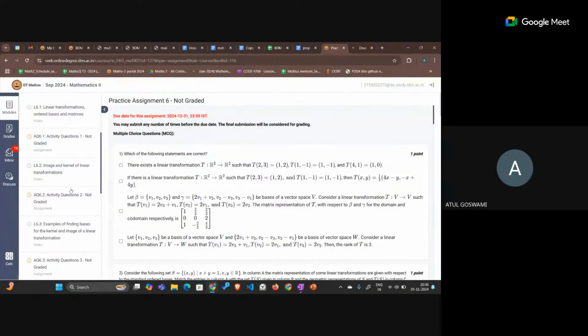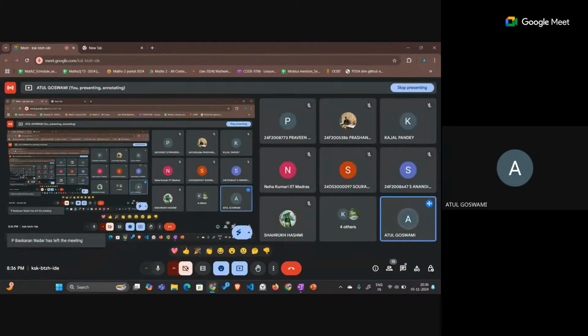If you haven't solved the activities, tell me. Raise your hand if you haven't solved the activities, because then I will be solving the activities together in this session. I'm talking about all the activity questions.